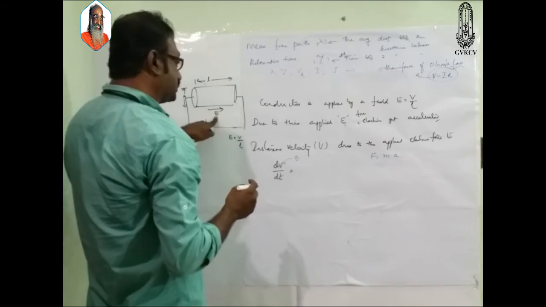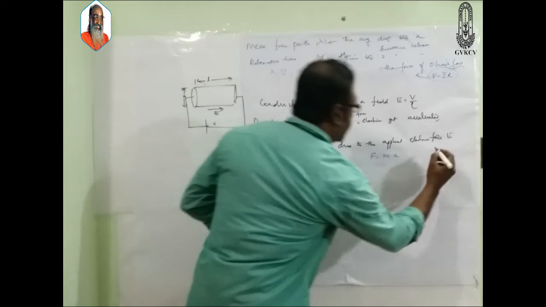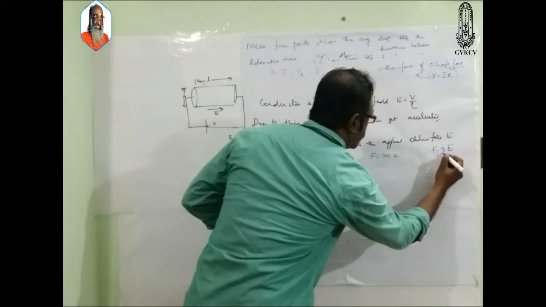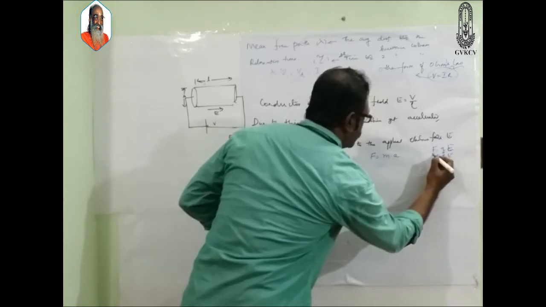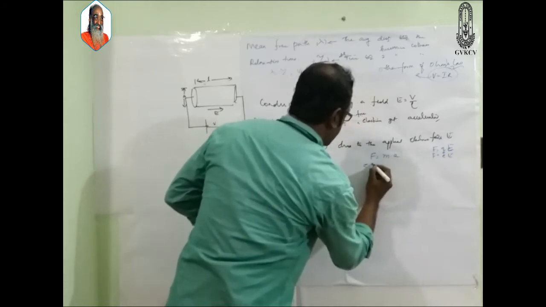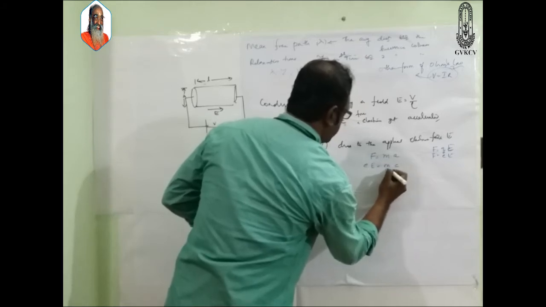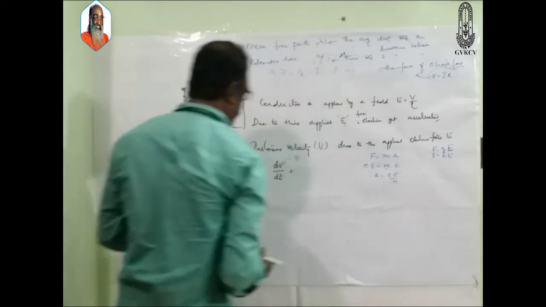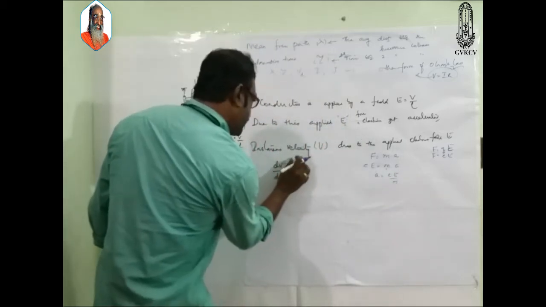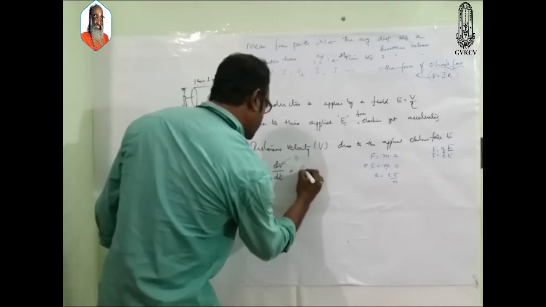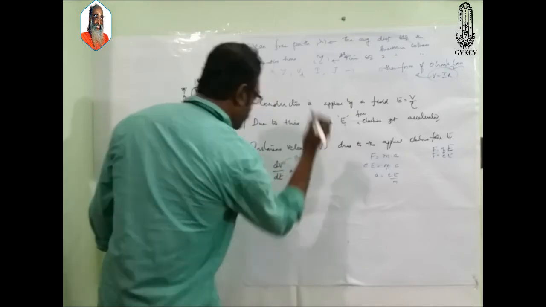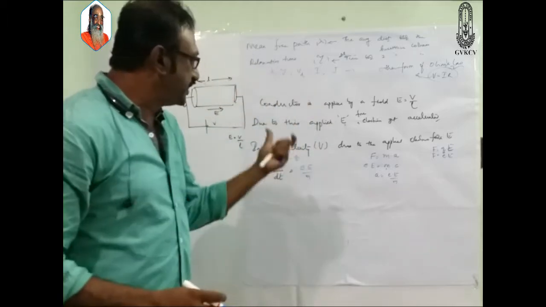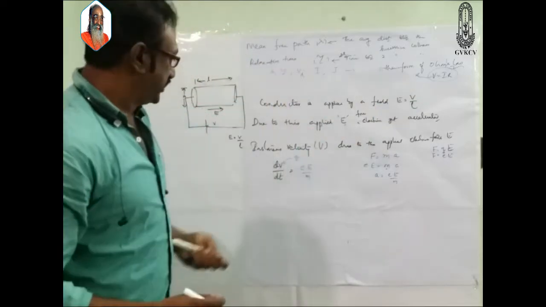What is the charge of the electron? e. So F is equal to eE, which is equal to m a, where m is the mass of the free electron and a is the acceleration. So a is equal to eE by m. So this is the acceleration acquired by the electron due to the applied electric field.